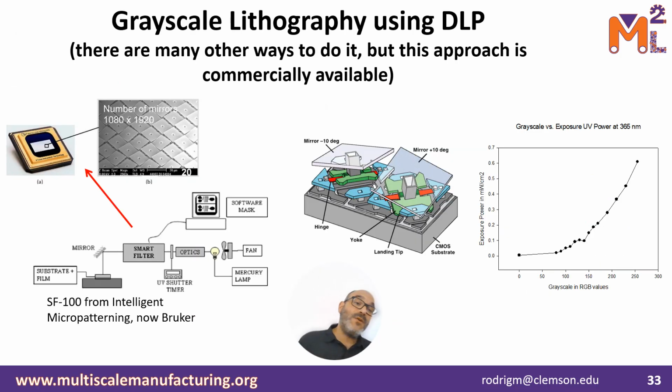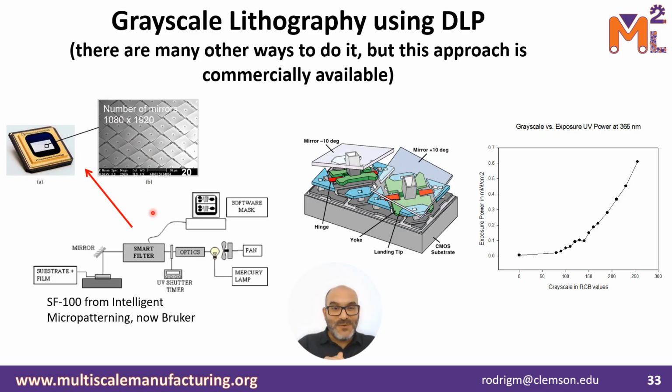So one way to incorporate this grayscale lithography is using the DLP technology. So you probably have heard of this DLP technology, where you have an array of mirrors, right? And depending on the switching rate of the mirrors is the kind of light that you will deliver to a particular screen.